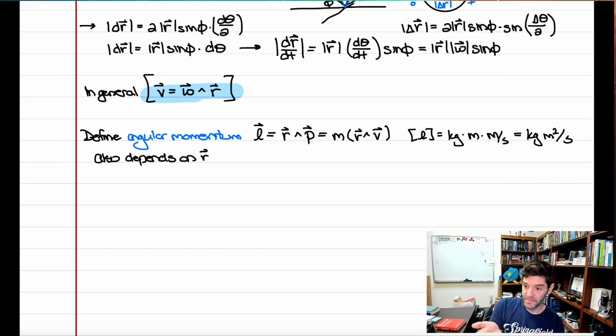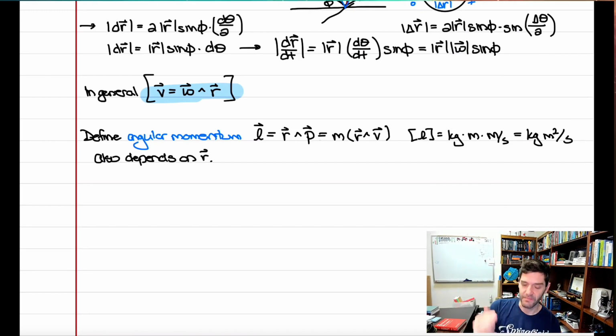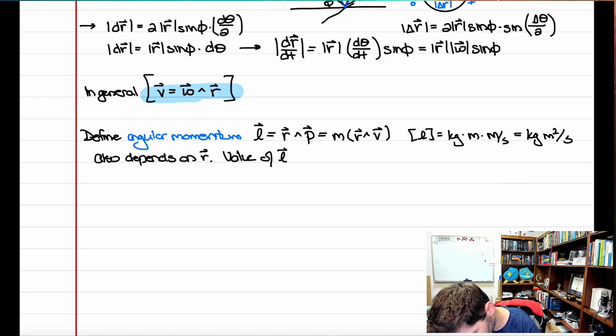You need to be able to specify the position in order for me to say something about the value of angular momentum. But to specify the position means that you have established a coordinate system such that there is an origin that you have chosen. So the value of L depends on your coordinate system.